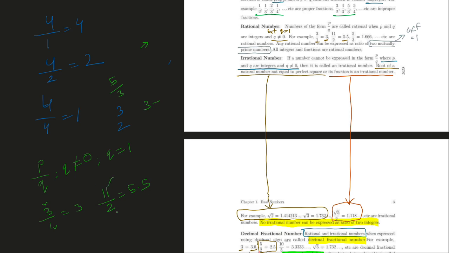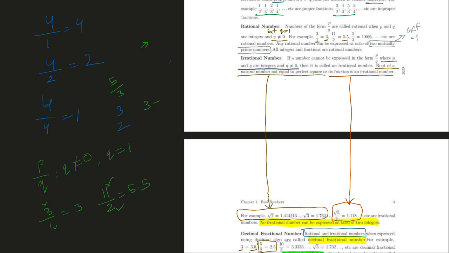Here 11 and 2 are mutually prime numbers because they don't have anything in common other than 1. That is, their GCF, the greatest common factor, is 1 itself. So you can see that all integers and fractions are rational numbers.